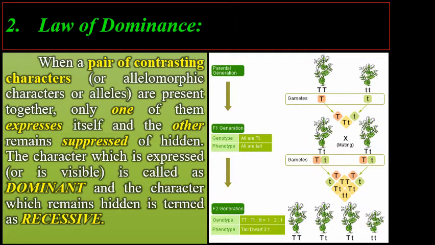Now the second law, or second principle, is the law of dominance. When a pair of contrasting characters, or allelomorphic characters, or alleles are present together, only one of them expresses itself while the other remains suppressed or hidden.